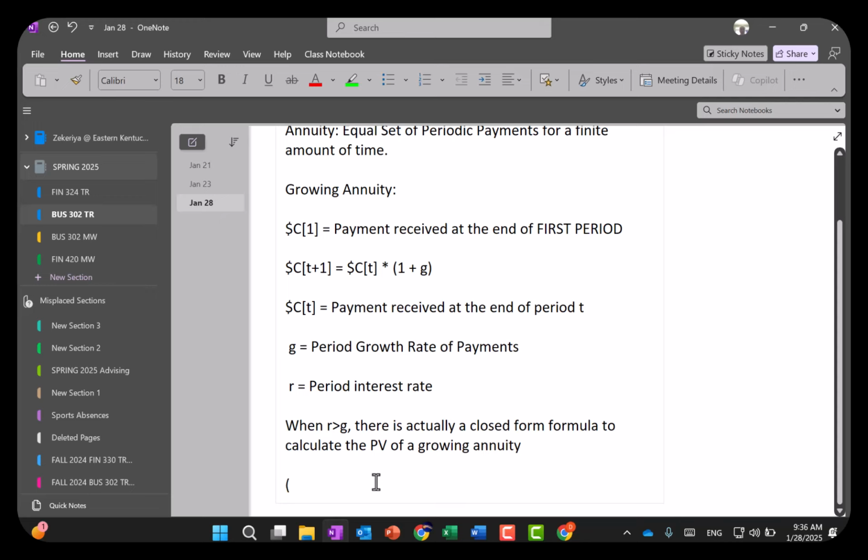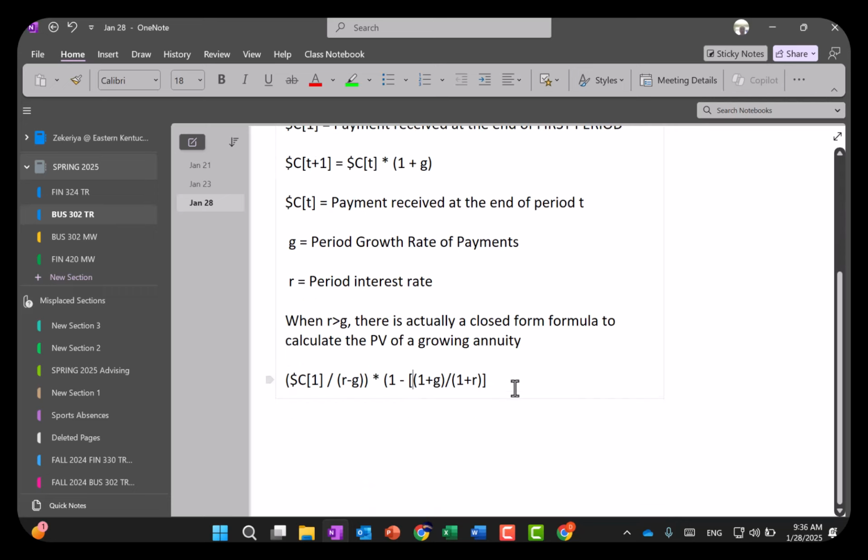It's basically C1 divided by R minus G times 1 minus, in curly braces, 1 plus G divided by 1 plus R, the whole thing raised to the power T. As I said, this is equal to PV.